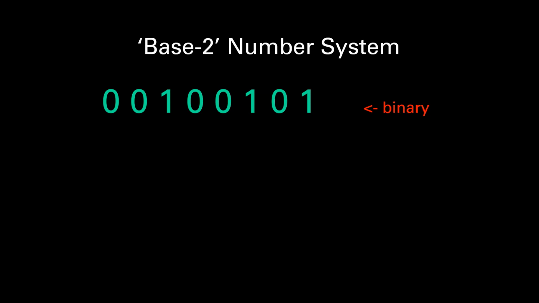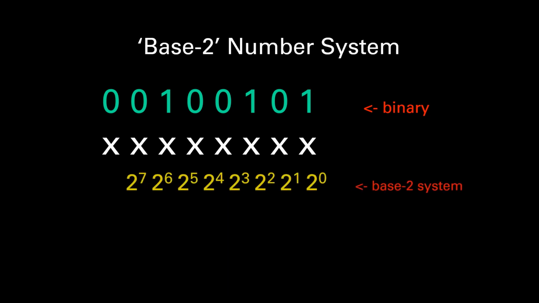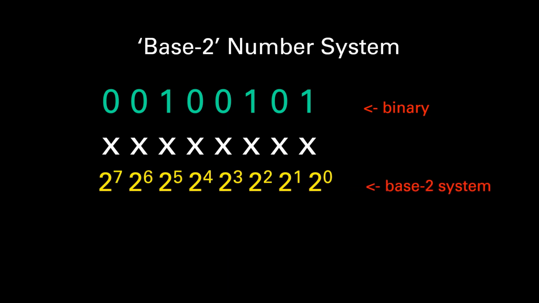How do we do this? We use the same process, except for one slight difference, which is that the base is not 10 anymore. It's in fact 2 because we're using the base 2 number system. But everything else works in the exact same way.